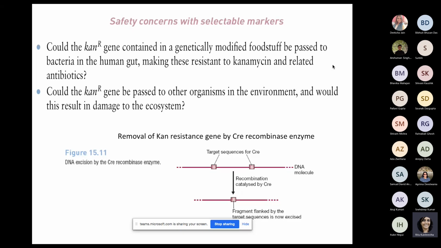Now when you cross this plant among itself, there can be a segregation pattern in which you can get a plant in which only your gene of interest is there while the kanamycin gene is lost. So finally, by some method, maybe by southern hybridization, you have to look for plants which have only your gene of interest but the kanamycin gene has been lost because of segregation patterns and so on.